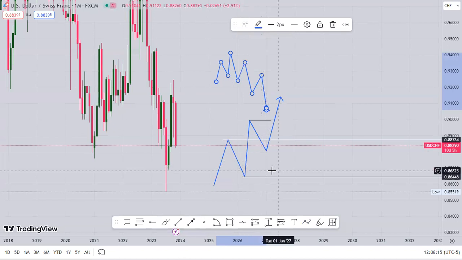It grabs more liquidity, and then it turns to the upside to continue the momentum. But the market will not just retrace in a straight line, and we will not just wait. We wait until our market reaches this point, then we look for an opportunity to buy, because this might take even a year. It depends on how the market moves and the kind of liquidity that will be there.